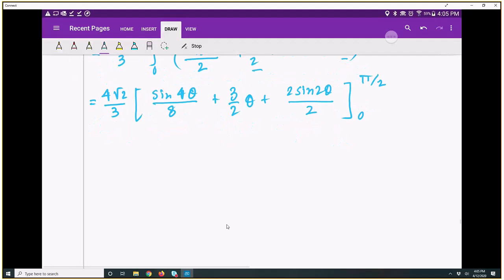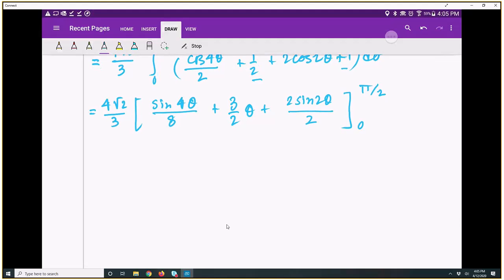So if theta is pi over 2, sine 4 theta is sine 2 pi, so it is 0. If theta is 0, sine 0 is 0. So the first term doesn't contribute anything in the limits. So I get 4 square root of 2 over 3 times, first term is 0, plus 3 over 2 times pi over 2 minus 0, plus 2 and 2 cancels, so I have only sine 2 theta.